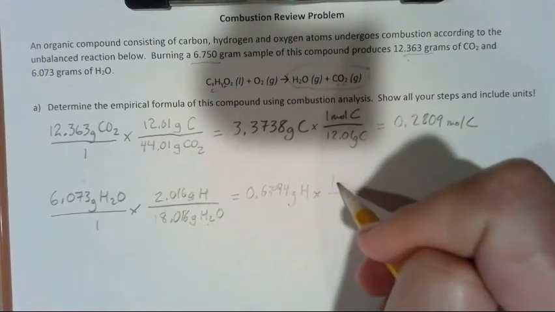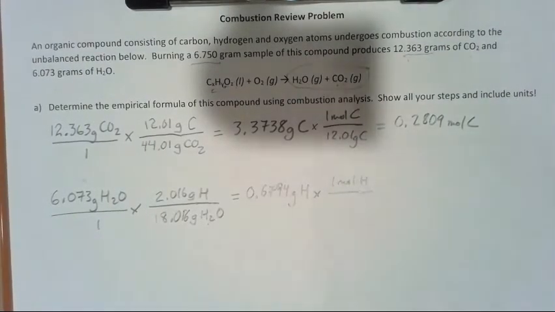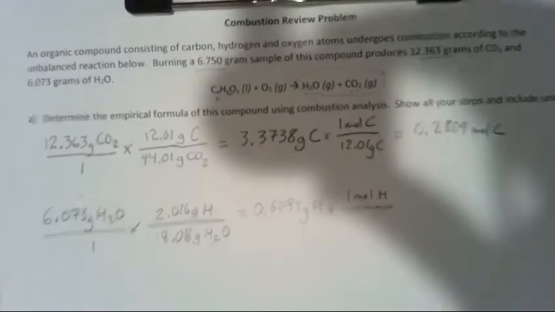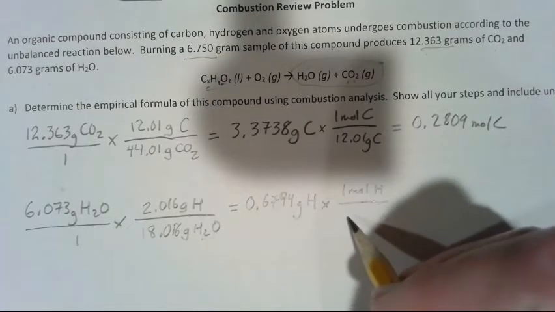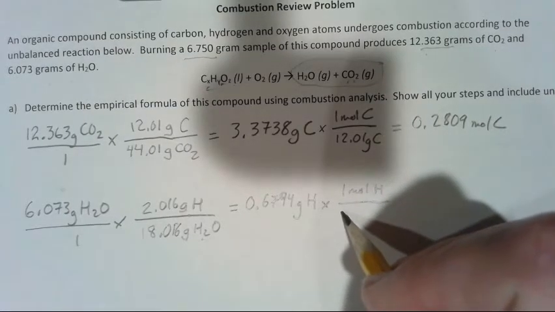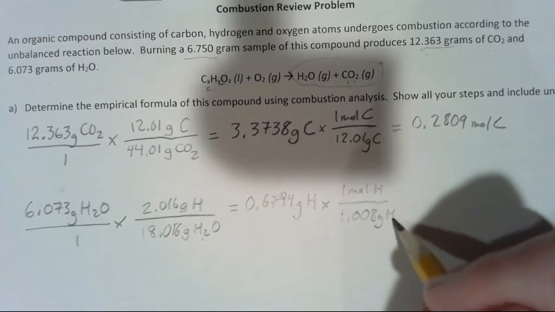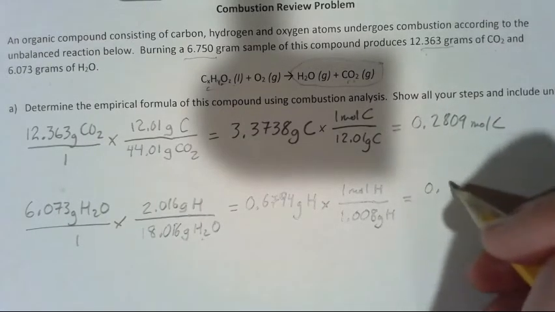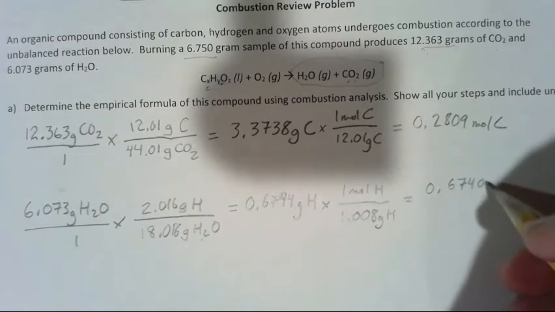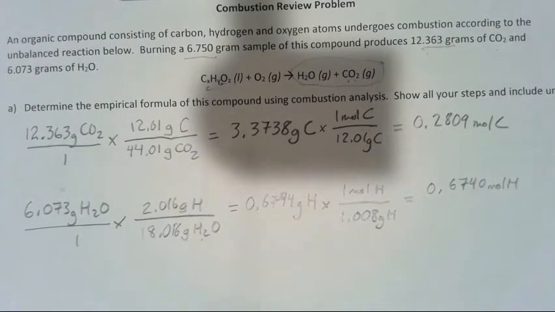Notice here 1 mole of hydrogen, and we're just using a single hydrogen, because in our compound the hydrogens are not diatomic. They're not connected to each other. They're connected to other things, probably the carbons or the oxygens. So we will say that 1 mole of hydrogen is 1.008 grams of hydrogen, which gives us 0.6740 moles of hydrogen.